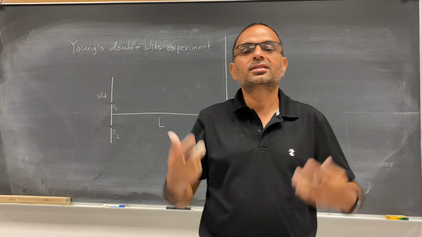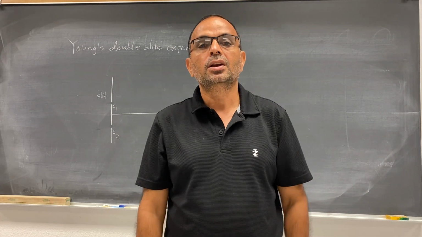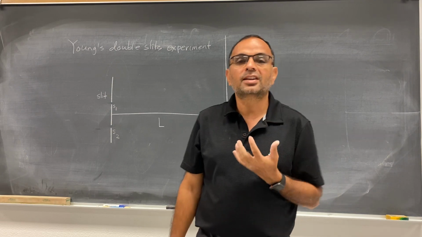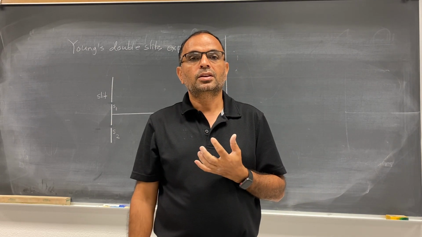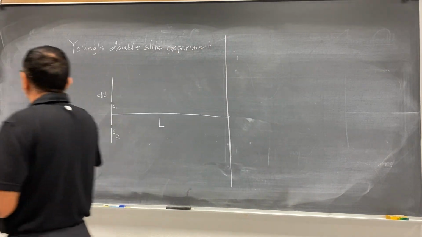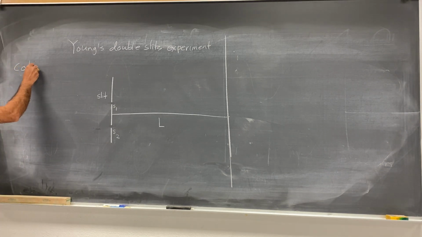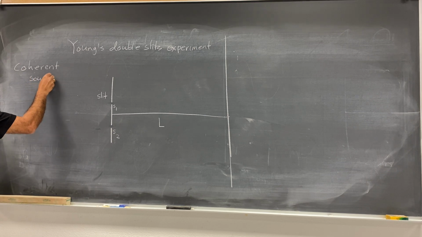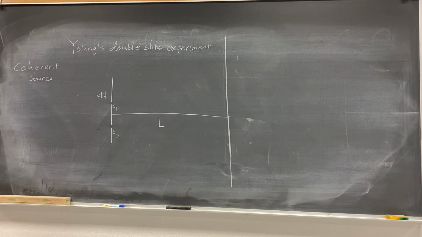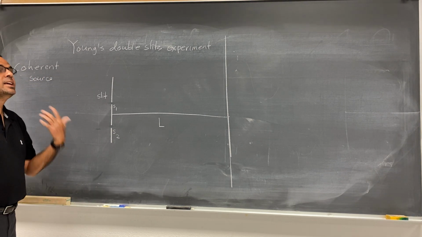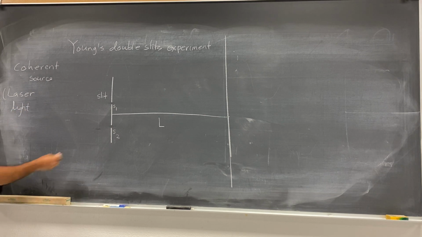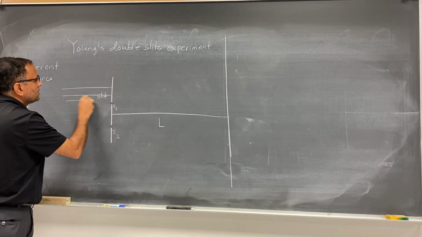With any light you cannot observe the interference pattern. You need a coherent source of light. What does this mean? You have the same wavelength, same frequency. Like a laser light, you can use a laser light. So the laser light is coming from here like this.